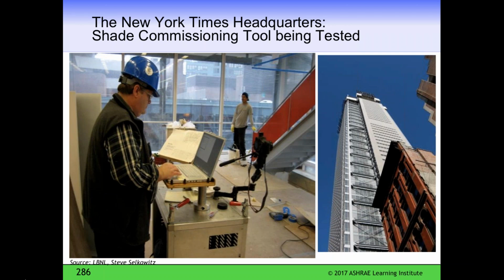So they tested the facility as construction of the lighting and daylighting system was finishing. And they determined that there were the wrong number of sensors in the wrong number of locations. The sensors were never calibrated, like this photograph we're seeing. And the daylighting system didn't work at all, didn't save any energy at all.